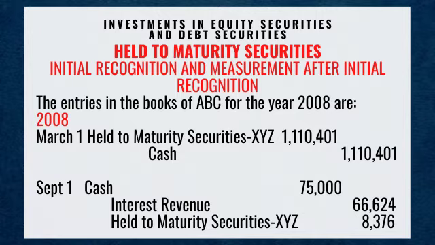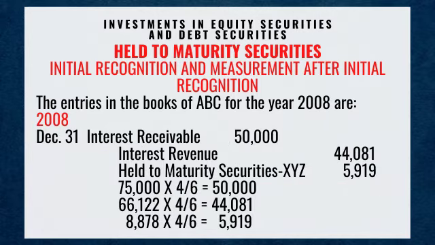September 1st, debit cash for 75,000 pesos, credit interest revenue 66,624 pesos, and credit held to maturity securities XYZ 8,376 pesos. December 31st, debit interest receivable 50,000 pesos, credit interest revenue 44,081 pesos, and credit held to maturity securities XYZ 5,919 pesos.